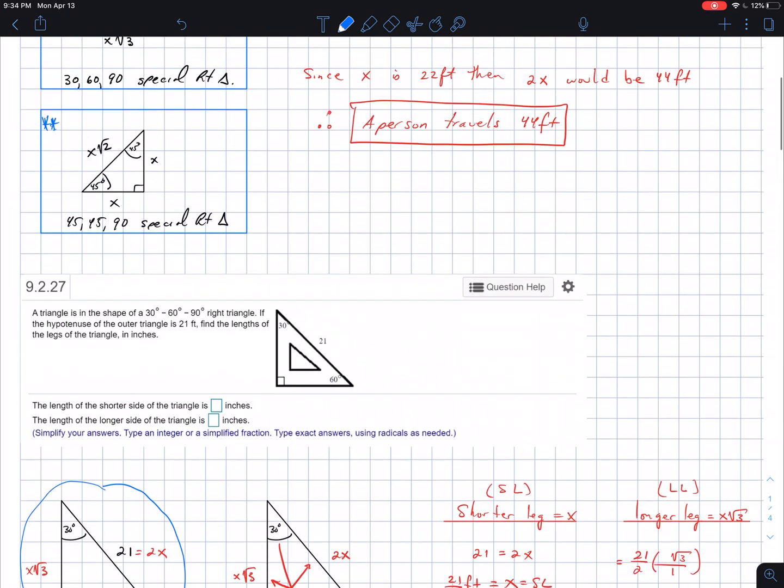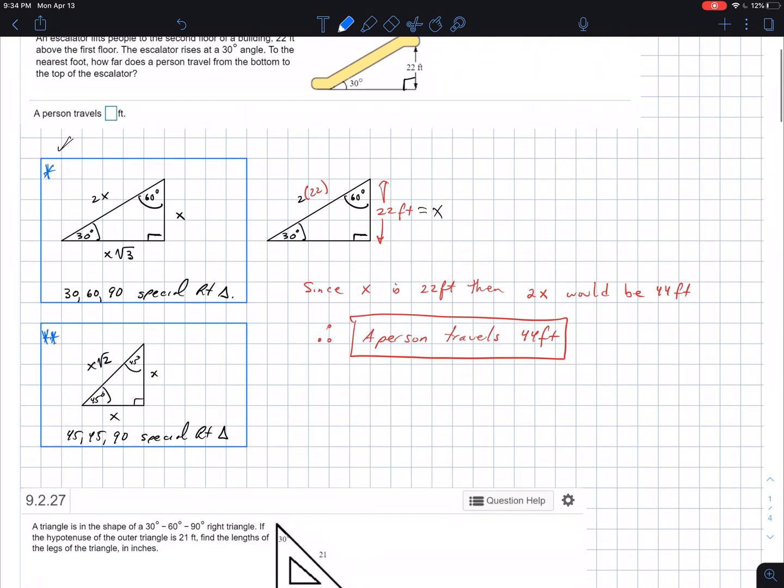Now, if I go back up here real quick, you'll notice that the smallest angle, 30 degrees, gives us the smallest side x. The biggest angle, 90, gives us the largest side, or the hypotenuse, 2x, and the side opposite 60 gives us the space in between.